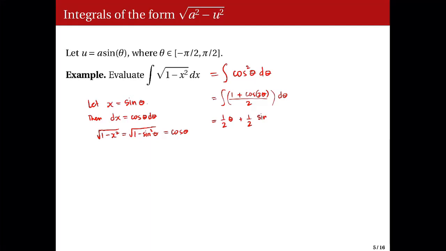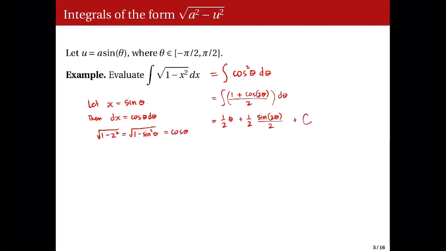That's sine 2 theta over 2 plus the arbitrary constant c. But your original variable is x. So we have to convert this theta and sine theta to something in terms of x.